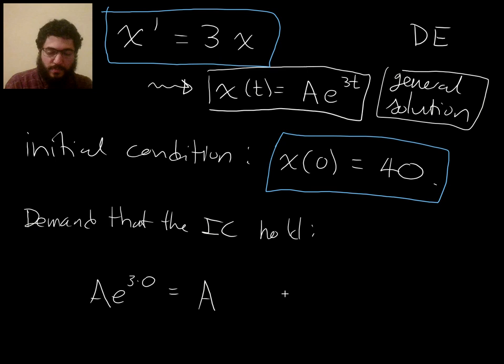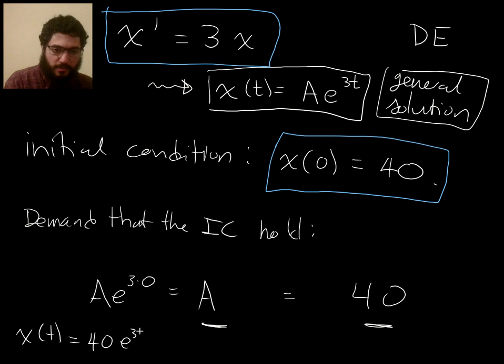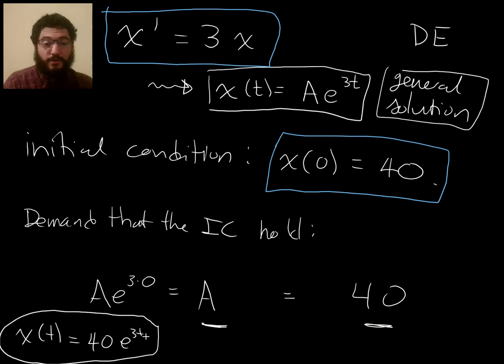And the right-hand side is 40. So it looks like the initial condition requires that a be 40. So that tells me that x of t equals 40 e to the 3t is the only function that satisfies both the differential equation and the initial condition. This is something I can make predictions with, plug in different times and figure out how many people are infected at different times.